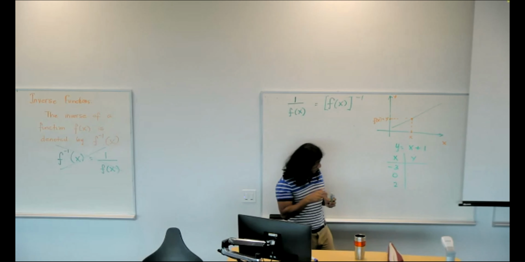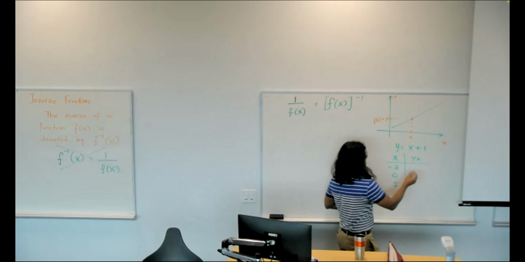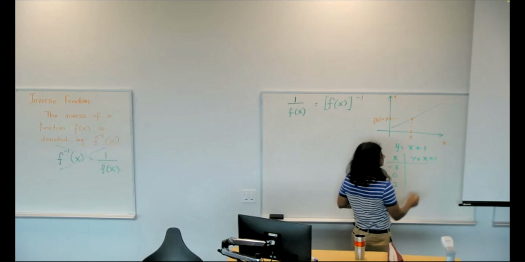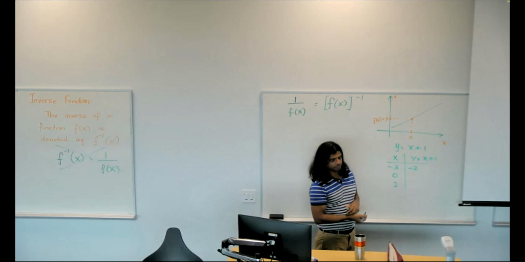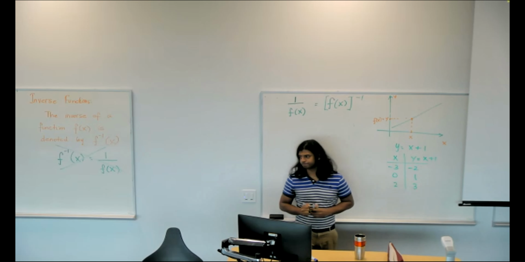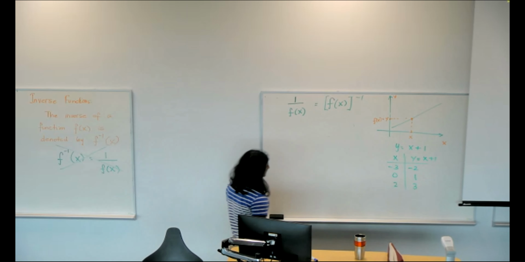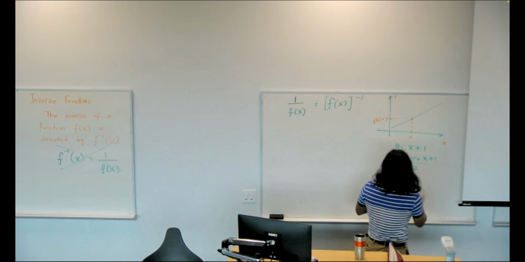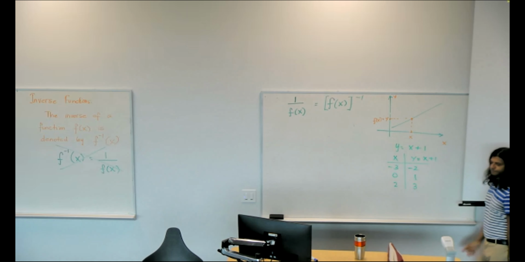What would we get when we plug in -3? When you plug in 0, when you plug in 2. Good. All I did is plug in values. If I plug in -3, I get -2. 0, I get 1. 2, I get 3.